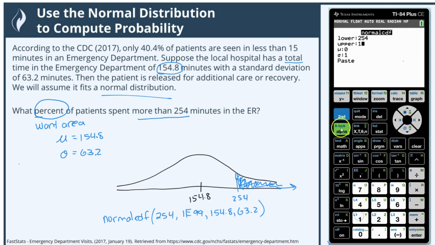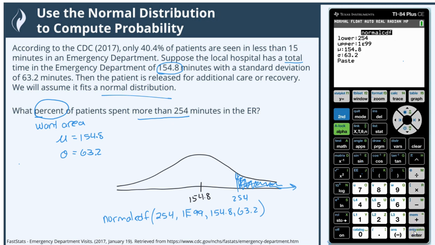But the lower is 254, the upper is 1E99. So you press 1, then second, and then comma to get that E, and then 99. It's above the comma here. That represents scientific notation in your calculator. Then you enter your mean of 154.8 and your standard deviation of 63.2.